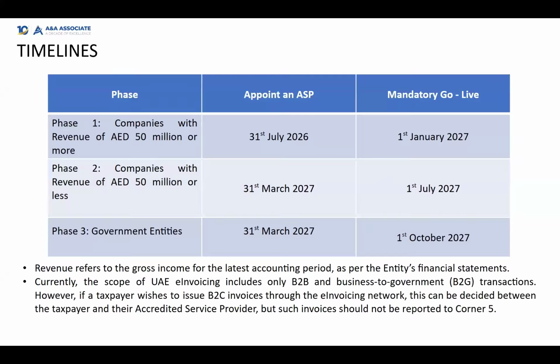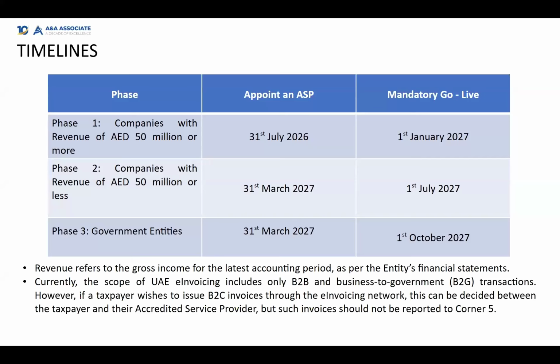And the last category that we have is for the government entities. Now, in case of the government entities, they will have to appoint an ASP by the 31st of March 2027. And then from 1st of October 2027, any transactions or any invoices will have to be issued through the e-invoicing network.